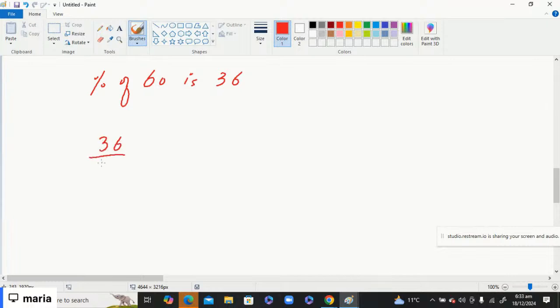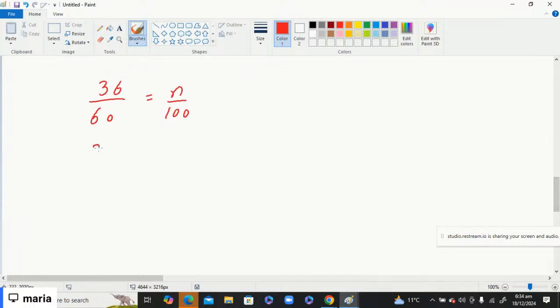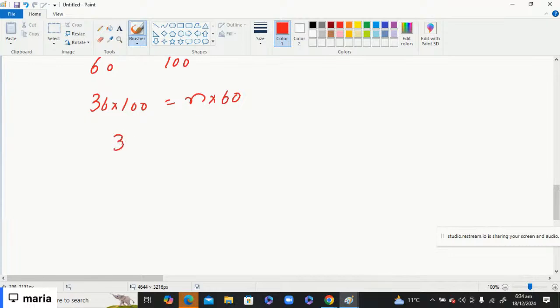So 36 by 60 equals n by 100. So 36 times 100 equals n times 60. 3600 equals n times 60. Both sides divided by 60.